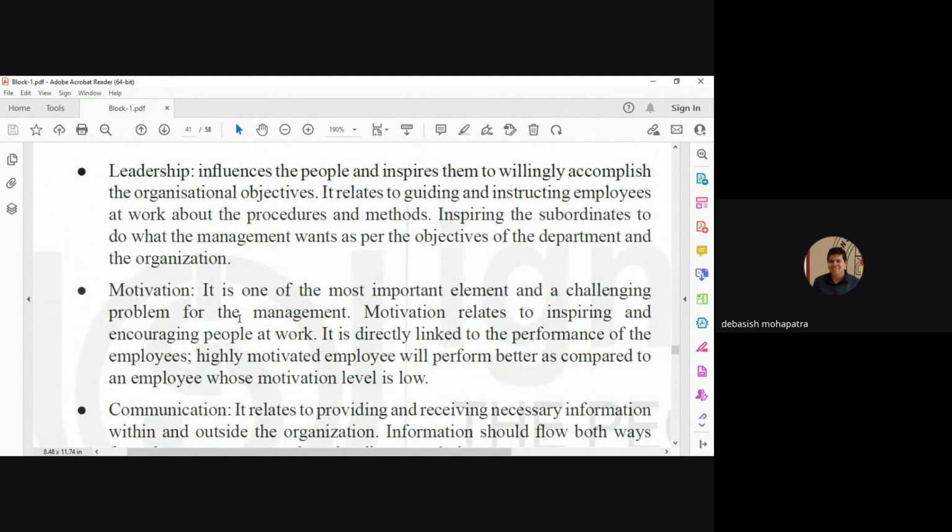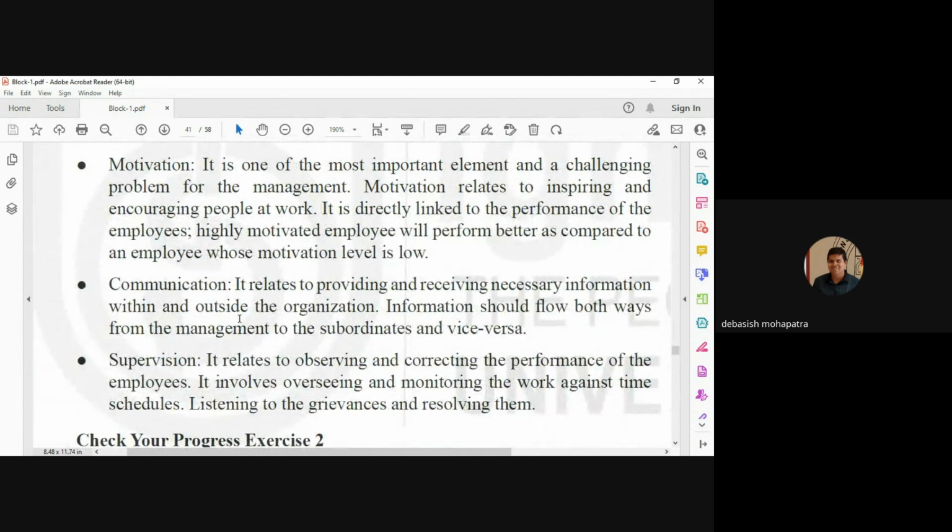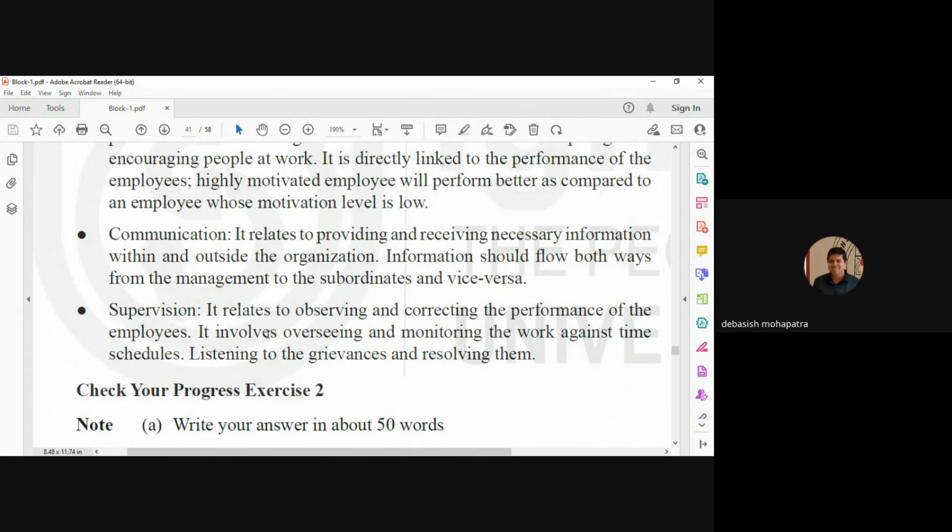Then motivating is one of the most important elements and a challenging problem of management. Motivating is related to inspiring and encouraging people at work. Then communicating is related to providing and receiving necessary information within and outside the organization.